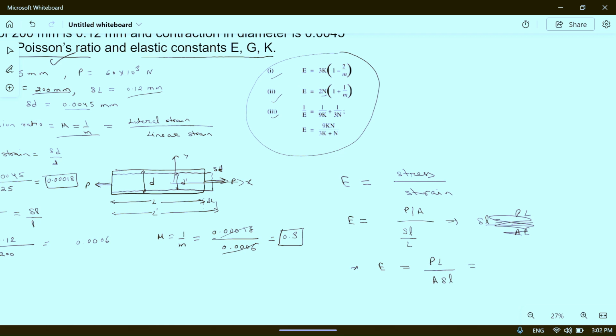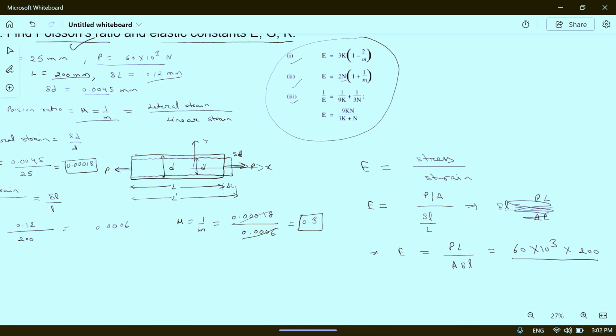So here we can put in the values. P was 60 kilonewton, so 60 into 10 to the power 3, into L, which was 200 mm, divided by the area, where the initial diameter D was 25 mm, so pi by 4 into 25 squared, into delta L, which is 0.12.